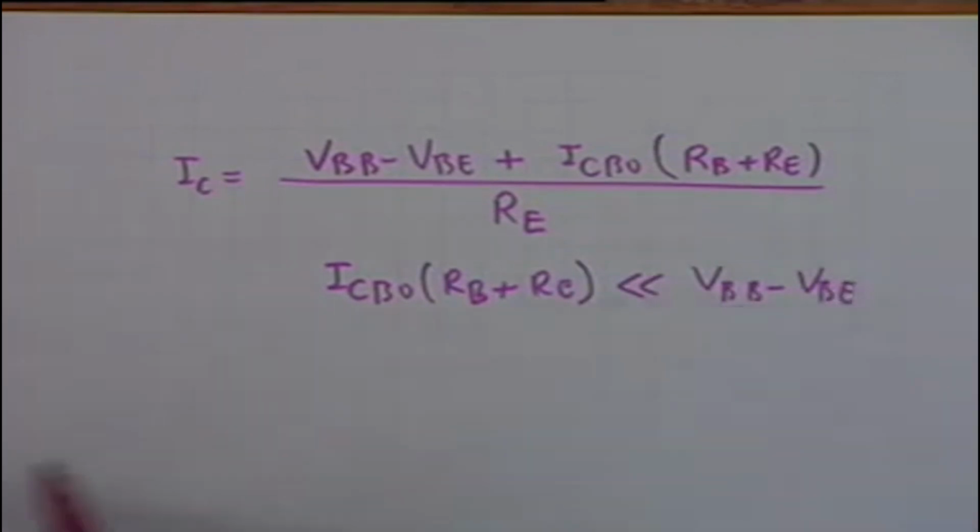Now, who determines VBB? Obviously VCC, and therefore the higher the value of VCC, the better will be the stability. There is also a choice in ICBO. For silicon transistors, ICBO is much smaller as compared to germanium transistors.